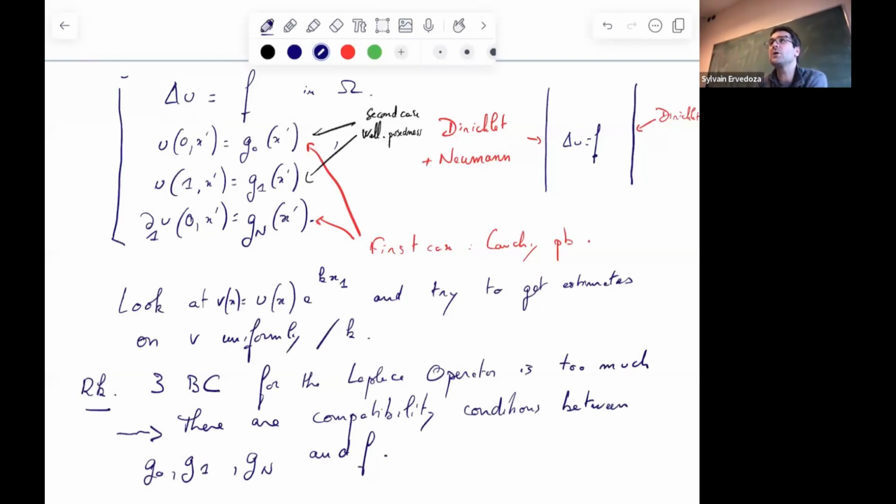So I'm not claiming that for any F, G0, G1, and Gn there exists a U. Okay? This is not what I'm doing. What I am doing is saying that if I have a U which satisfies the above system, then I can get some estimates. Okay? So somehow this formulation encodes that there are compatibility conditions between all the data.